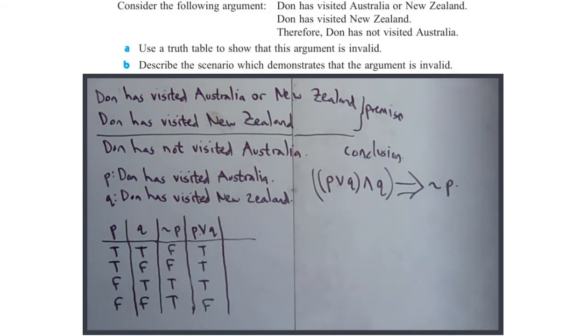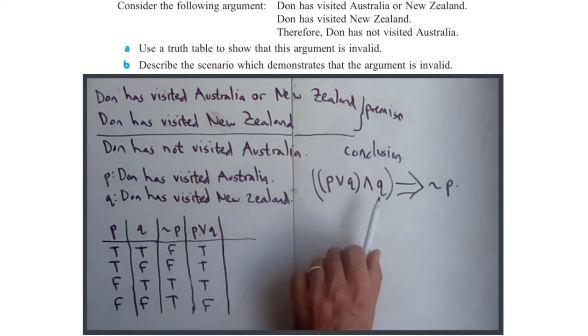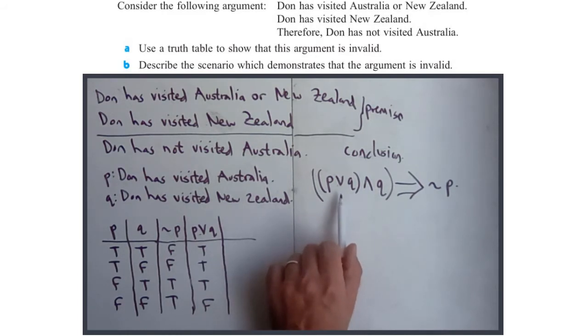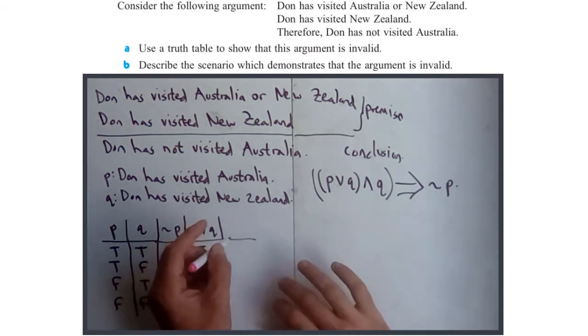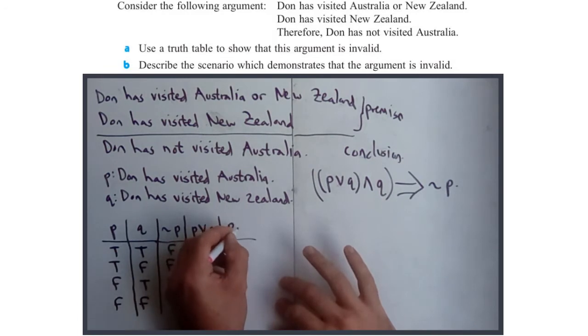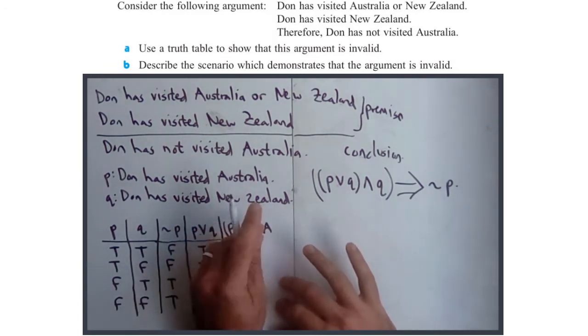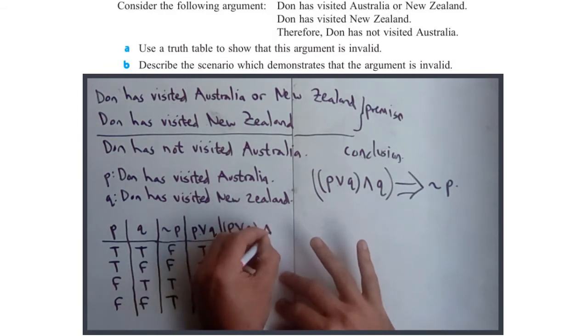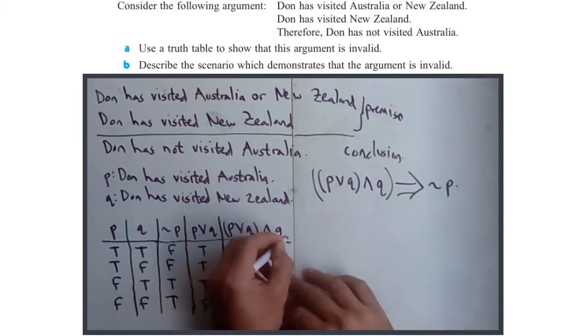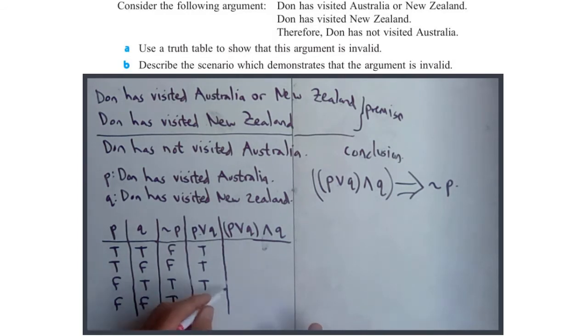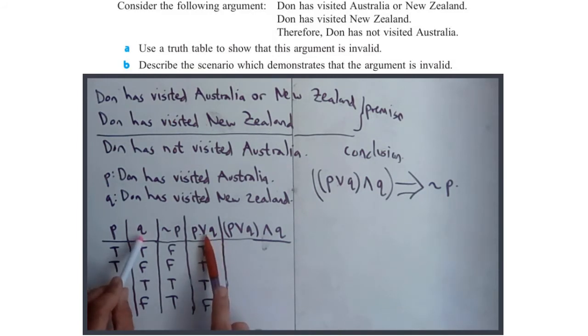Now we're going to need this bit here: P or Q and Q. So now we need to consider these two columns, the P or Q column and the Q column, and they both need to be true for it to be true.